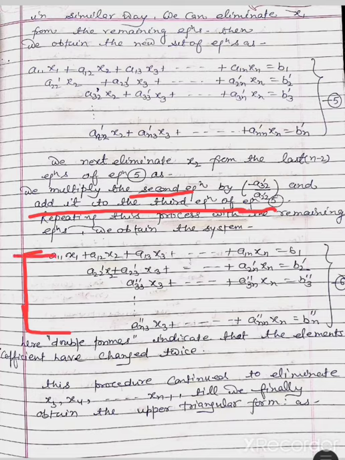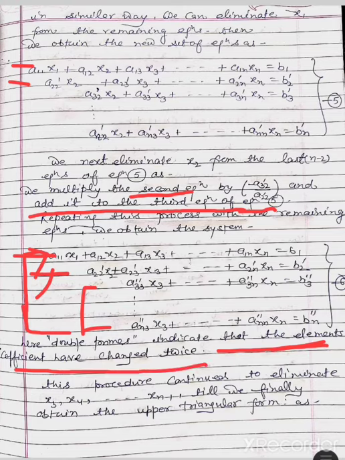So these are the same, the first two equations are the same, and the last n minus 2 equations are modified by elimination of x2. Here double prime on the coefficients indicates that the coefficients have changed twice.